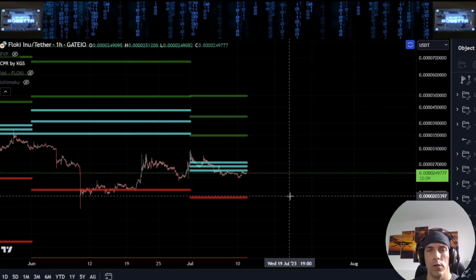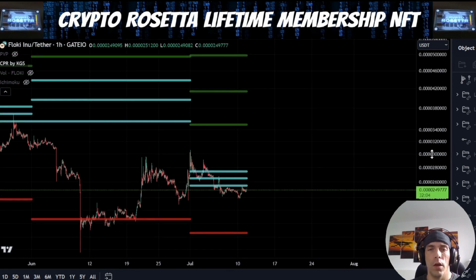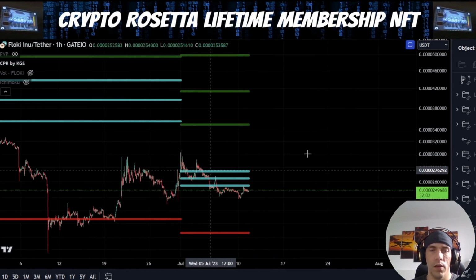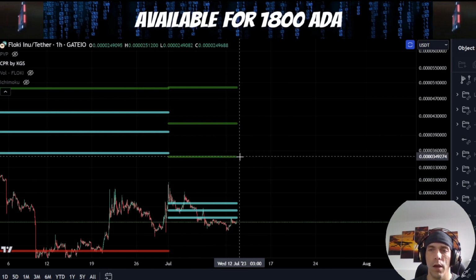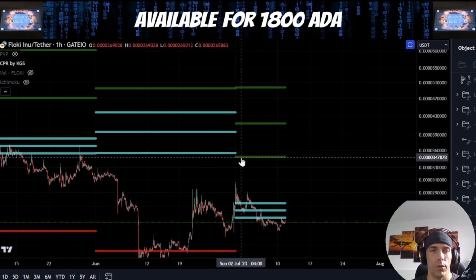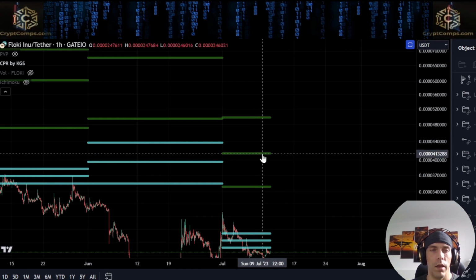Now we don't have to hit these targets throughout the month. These are just potential areas where we can see price pivot off of. Now if we do look to actually reclaim these, what we could actually see is price get gravitated to the upside here, in which case we have this 349274 as a potential target to the upside. This would be interesting because it would be coming back into some of these levels here.